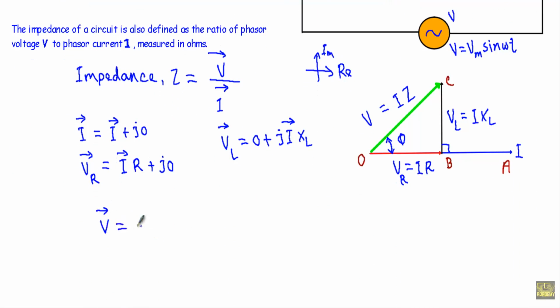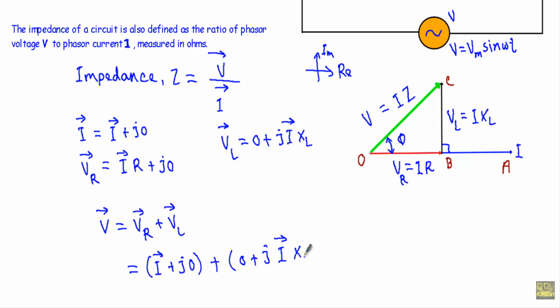So our applied voltage V will be equal to the sum of VR and VL. Here VR is given by I plus j0, with R, and VL is given by 0 plus j I phasor XL.